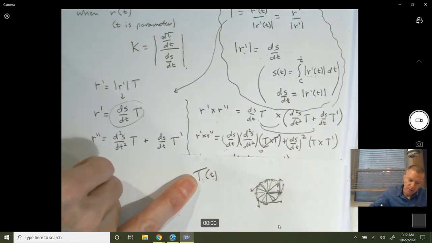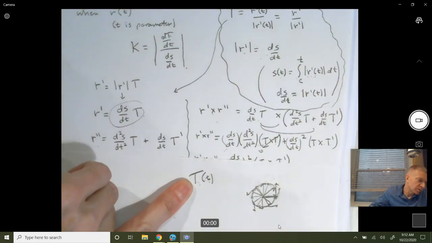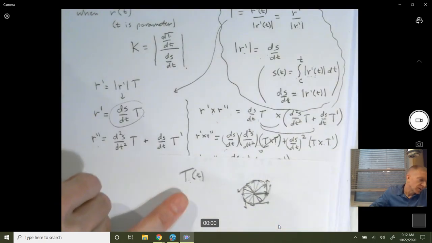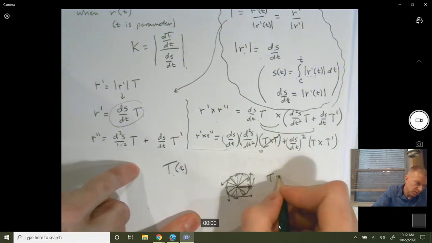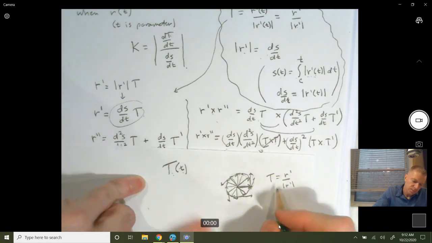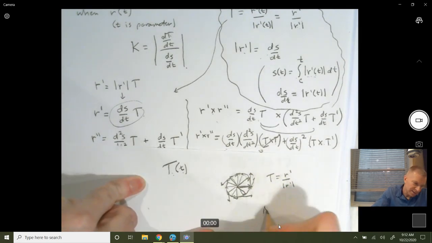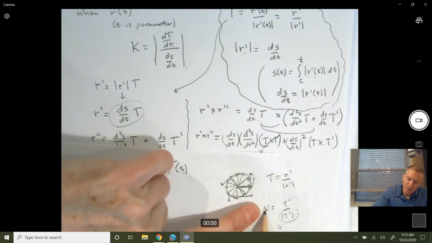Another way to think about this, that t and t prime are always perpendicular to each other, is the fact that t is equal to r prime over the magnitude of r prime. And then n is equal to t prime over the magnitude of t prime. This is just a constant. So your normal is in the direction of t prime.